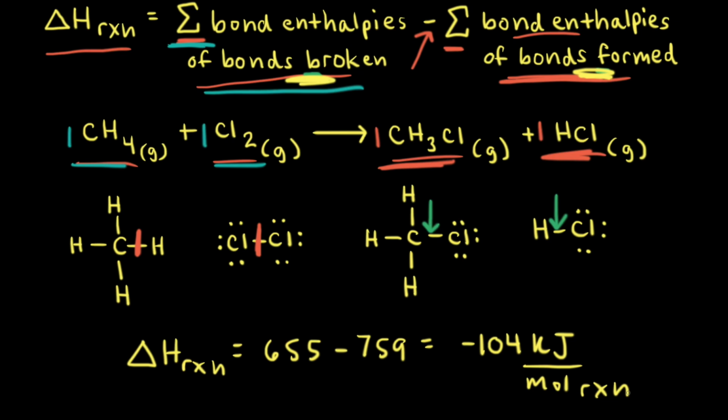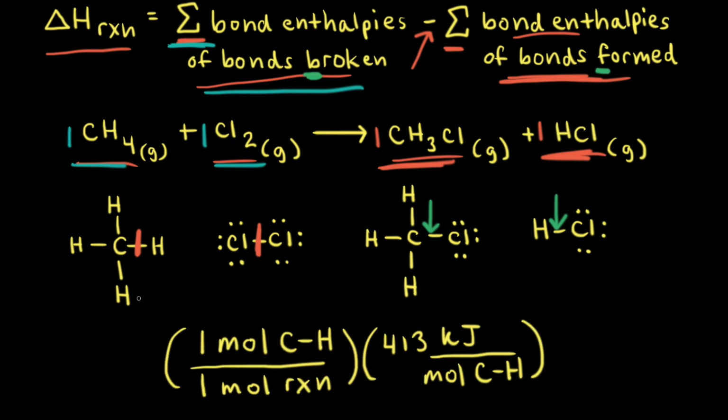And let's see how we can look at the units to get kilojoules per mole of reaction when we do the calculations. If we go back to breaking the carbon-hydrogen bond over here, we've seen there's 1 mole of carbon-hydrogen bonds that we need to break for how the equation is written. Therefore, we can write a conversion factor of 1 mole of carbon-hydrogen bonds per 1 mole of reaction as it's written.